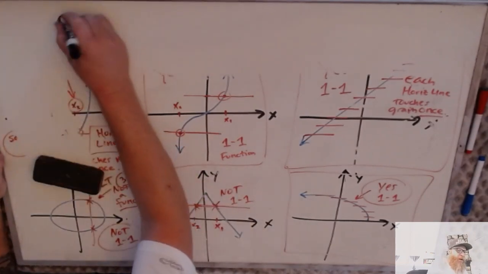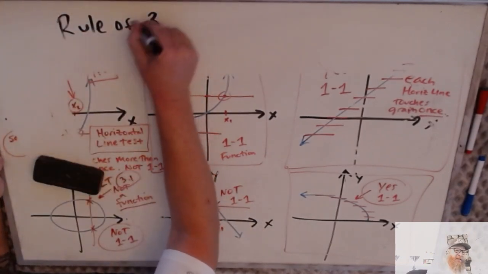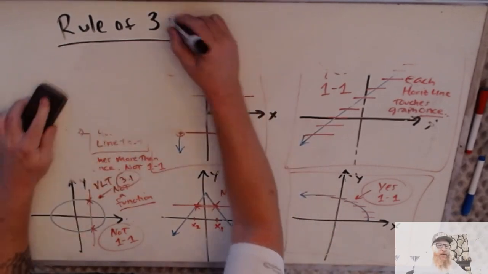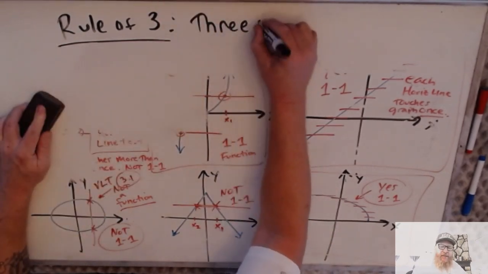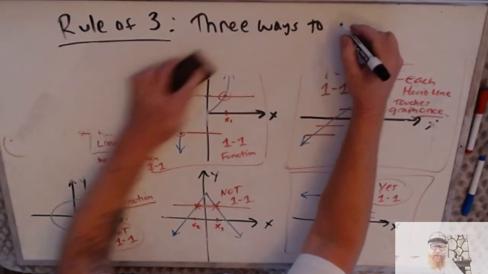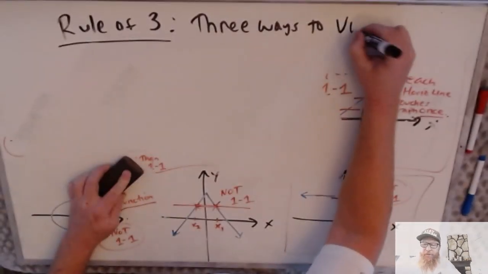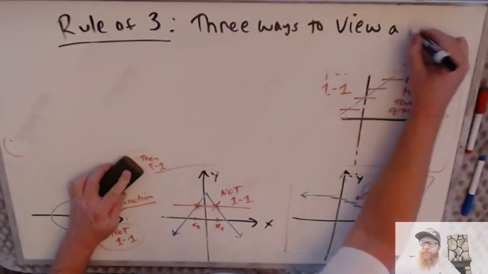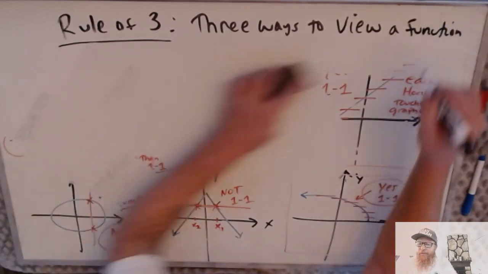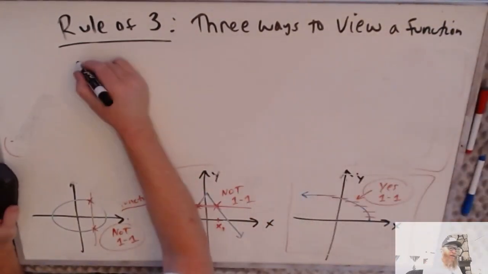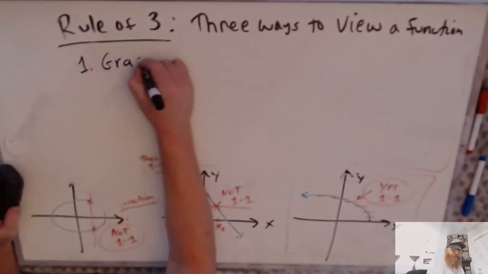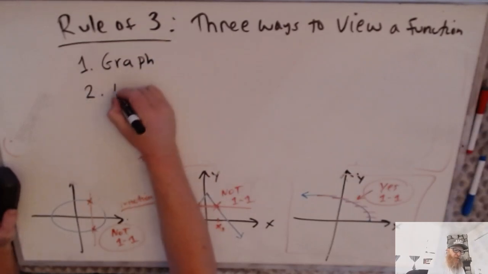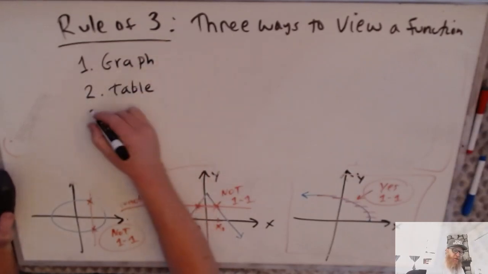So we have what we often call the rule of three, which really means that there are three ways to view a function. The first way we just saw, graphing. The second way is by a table of values.